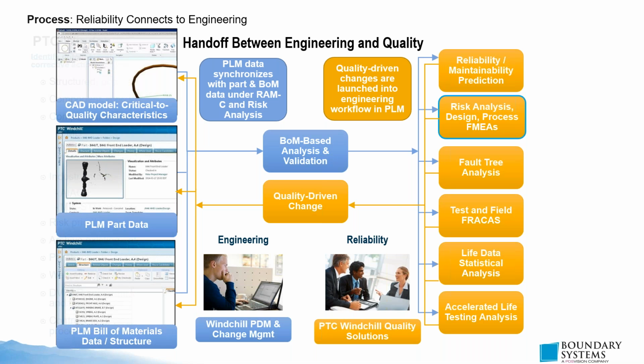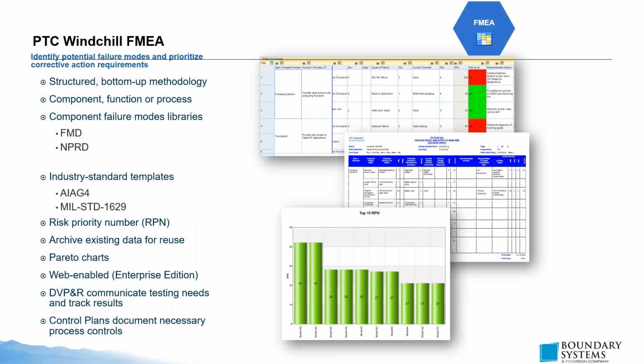Now, when I talk about quality, the one particular module I'll focus on for this webinar is going to be the FMEA, right? And really, it's where you can identify potential failure modes, right? And then prioritize corrective action requirements.